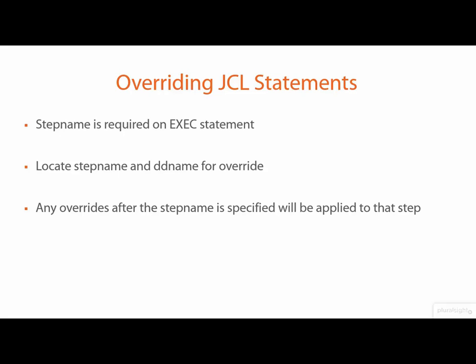There's no harm in coding it, but there's no harm in leaving it off when it can be positioned properly. And any DD statement that does not exist in the proc will be treated as a new entry within that step. So as we saw in the assembly link and go, when we had our C.SYSIN, since there was no SYSIN DD statement identified, it was added as a new entry within that particular step.